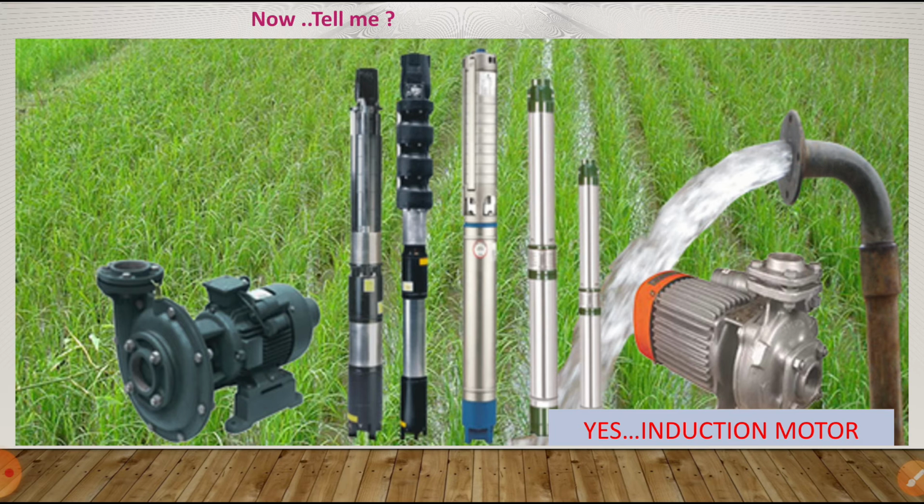Okay, now we can see the comparison between the synchronous motor and the induction motor, that means the asynchronous motor and the synchronous motor. From the physical point of view they are the same, but internally, if you observe, the electrical circuitry changes.